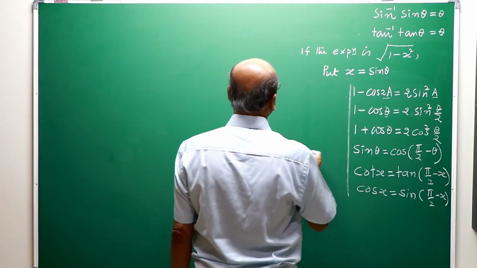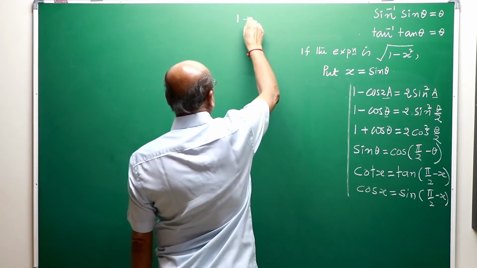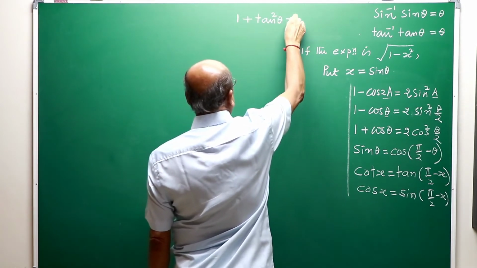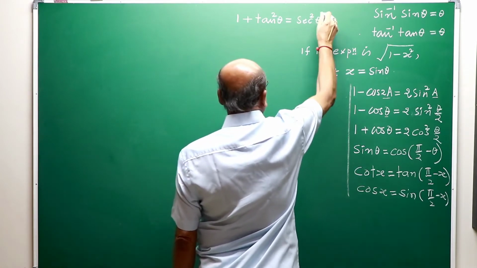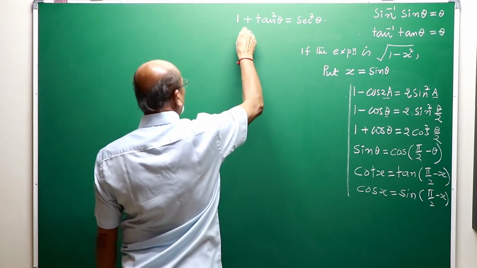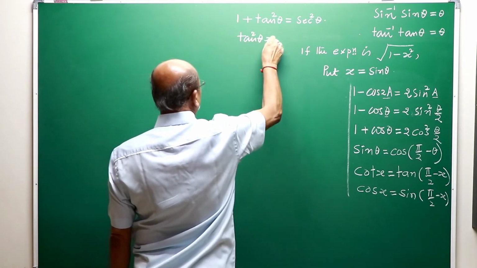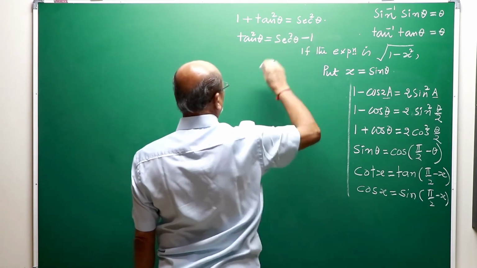Second identity, you know this: 1 plus tan square theta is sec square theta. So tan square theta is sec square theta minus 1.